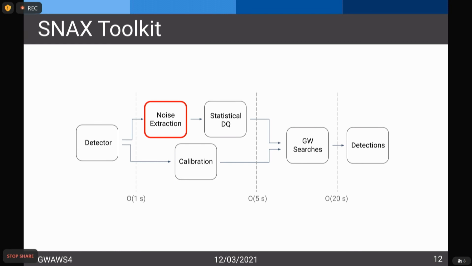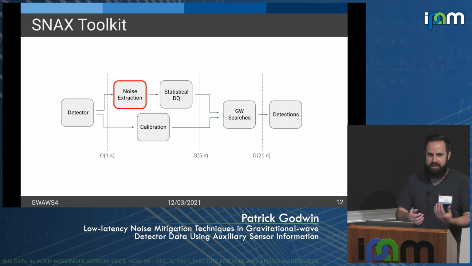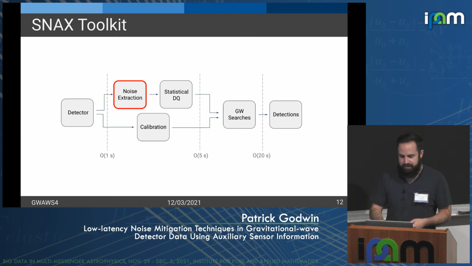And then from there, we can take that information and try to find statistical correlations between these different auxiliary channels, and then say whether or not there is non-stationary noise in the strain data.